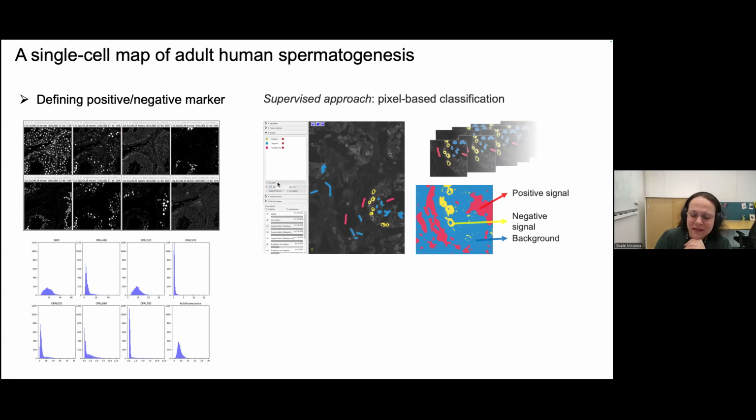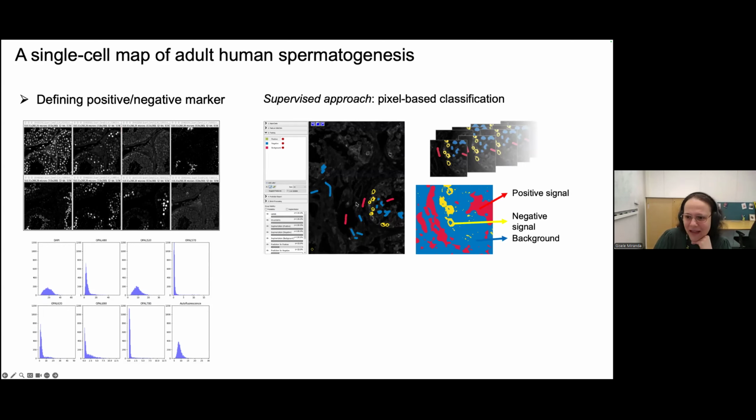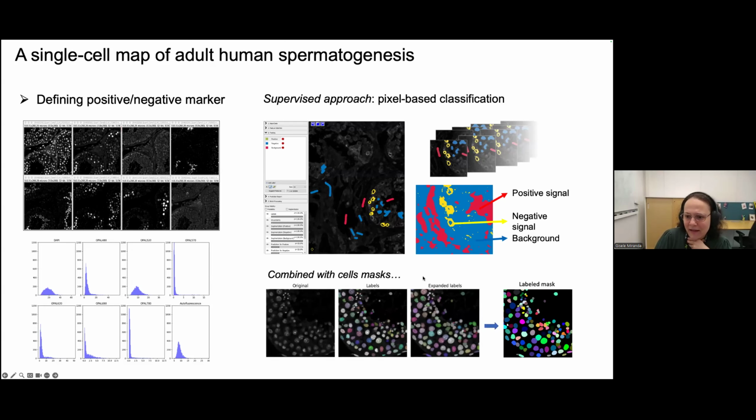So one thing that we did in this work is that we used a pixel-based classification approach, and we first manually annotated what is signal, what is background, and what is a negative signal. And then we trained the model to obtain this map, to define where the proteins of interest are being expressed.